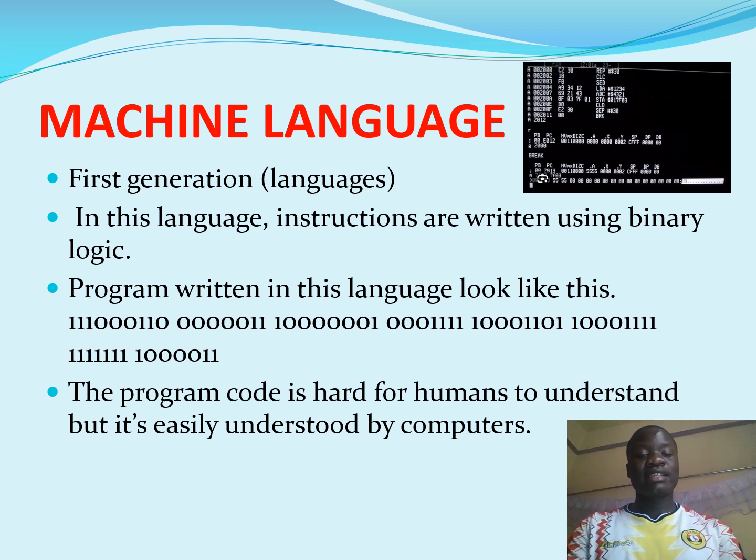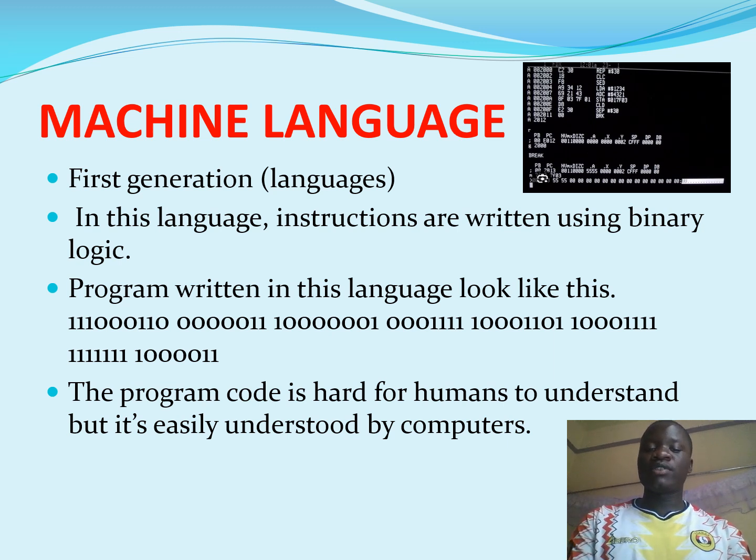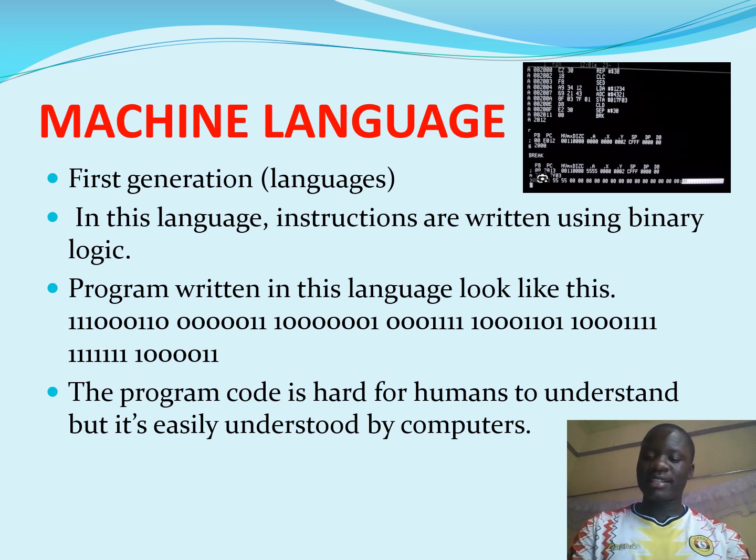If you just have a look at it, you cannot understand very fast, but a computer understands it. So when you are writing programs using machine language, it is hectic, difficult, and tiresome because you will not understand easily. You have to cram, and perhaps at times you might not fully understand anything. So that is all about machine language.